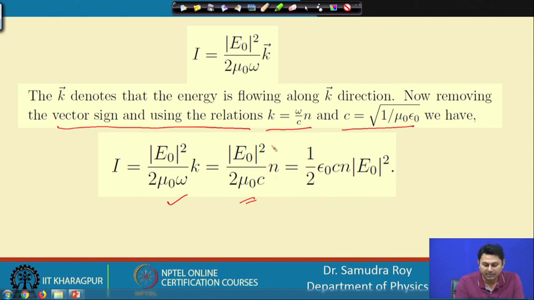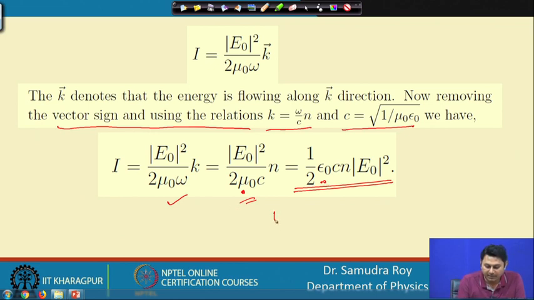So, now this is the form many people use in many places, but I prefer the next form. I just do not want this mu 0 sitting here, because mu 0 is associated with the magnetic system, but I can remove that and use a dielectric system and epsilon 0. So, easily one can do that.